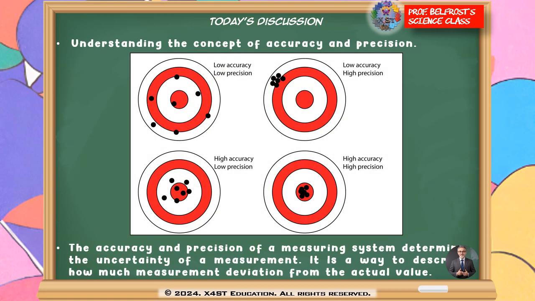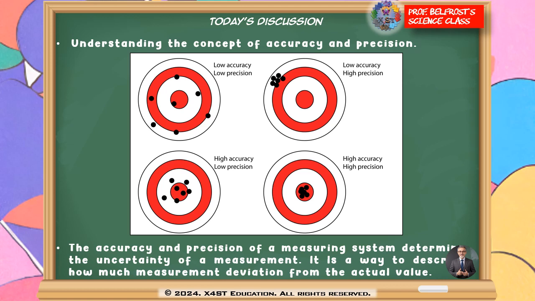To understand the concept of accuracy and precision, I will show you a picture. For example, this is a GPS location detection. The circle in the center is the exact location that we want, and the black dots are the locations detected by the GPS.